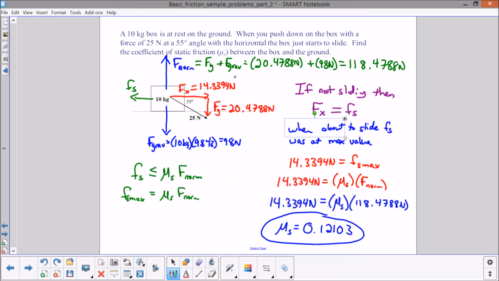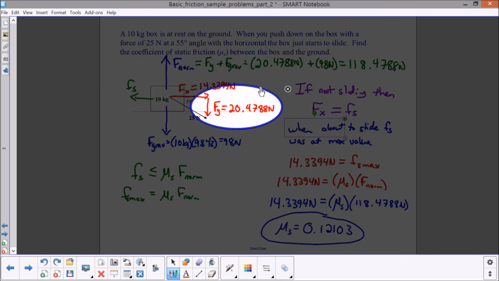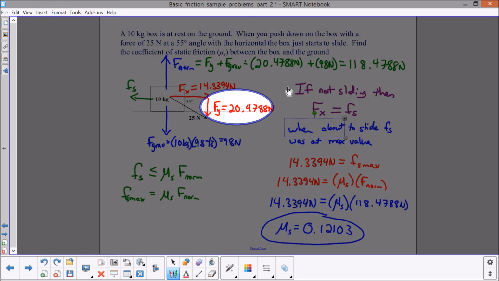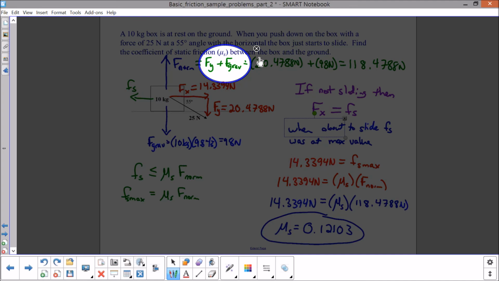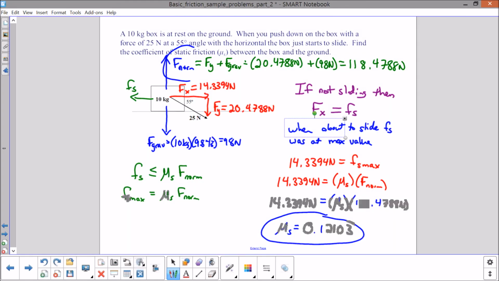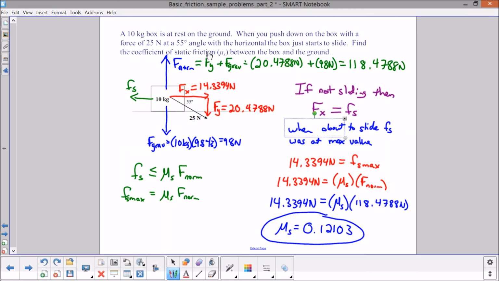With this problem, you do need to be careful because this y component of the applied force is acting downward, so that you have two downward forces that must balance out the one upward force. And again, you're looking at that transition point from when it's not sliding to sliding.